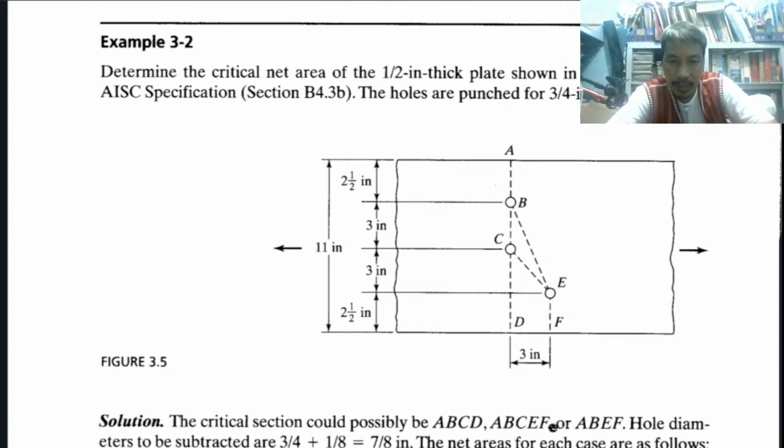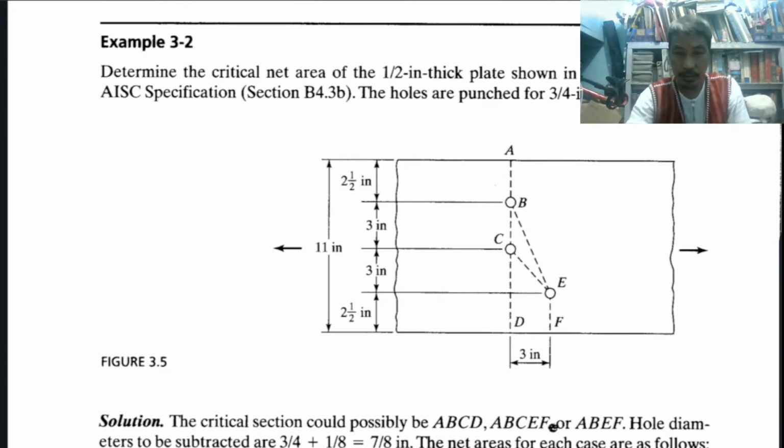If there are 3 possible paths, we can compute each of them, and after computing each of them, let us compare which one is the critical net area by multiplying the critical path length by the thickness. Take note of the thickness, given as 1/2 inch.